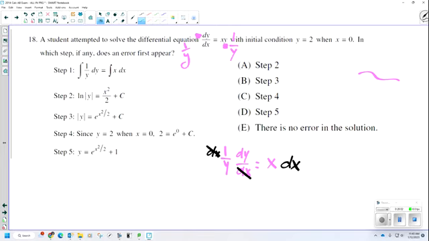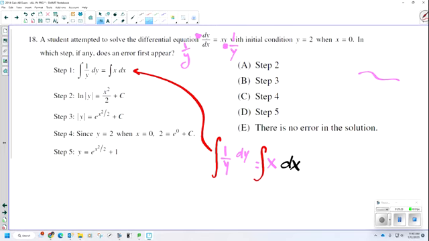At this point, let me erase what we don't need. So at this point, I've set up doing my integrals. Now I integrate both sides. And it looks like what I have right here is step 1.